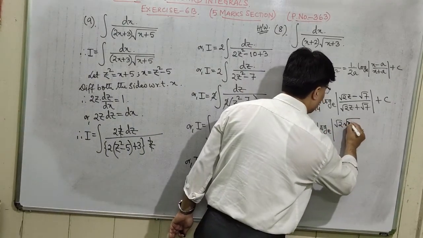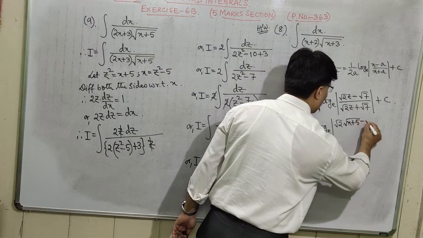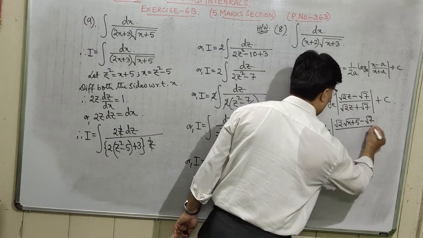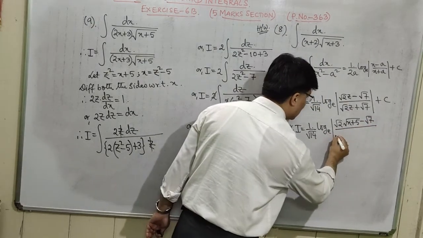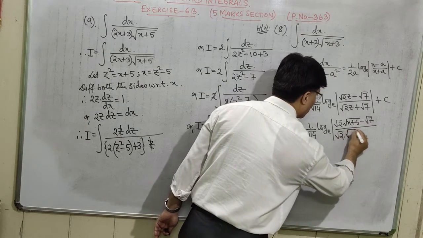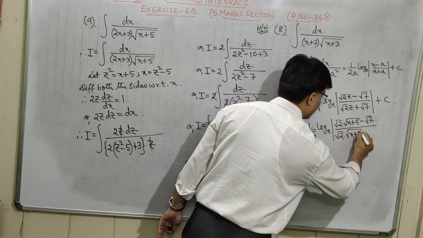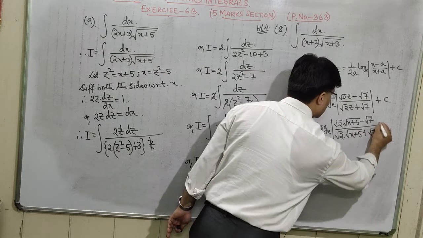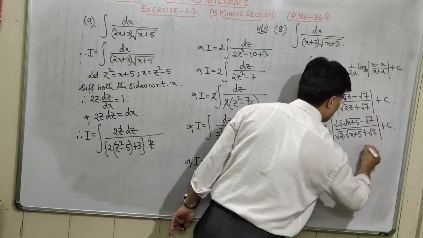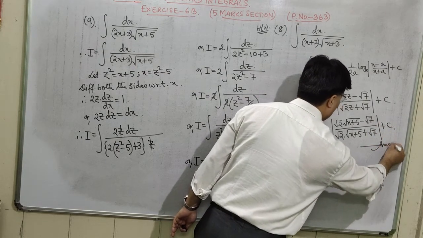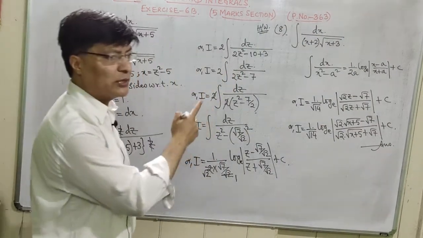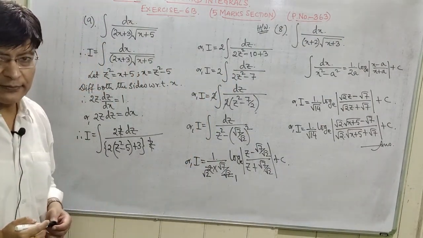It is root over x plus 5 minus root 7, whole divided by, similarly in the denominator we have root 2 into root over x plus 5 plus root 7, mod sign closed. Here the base is e and then plus c. So this is the final answer.